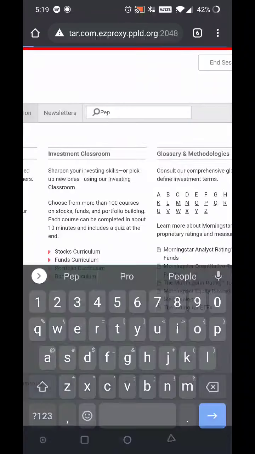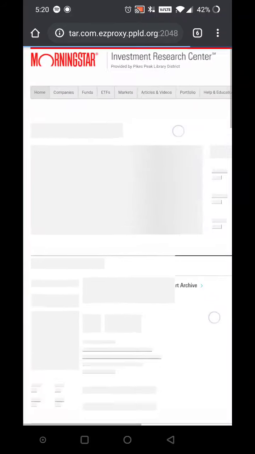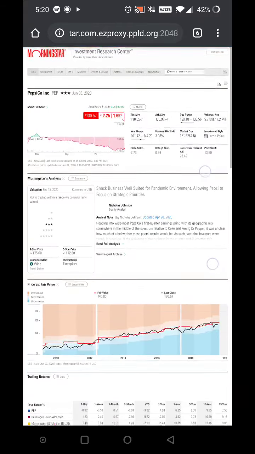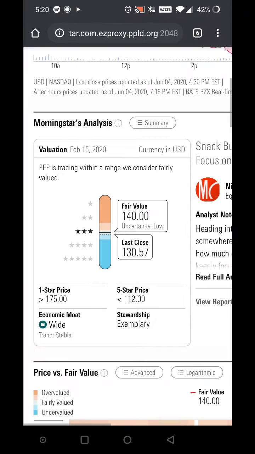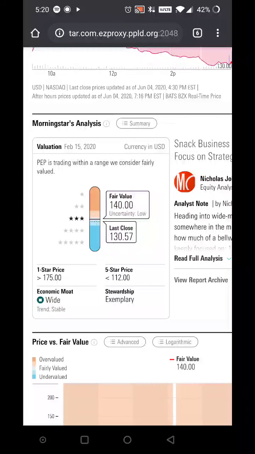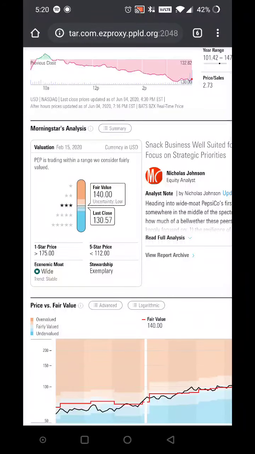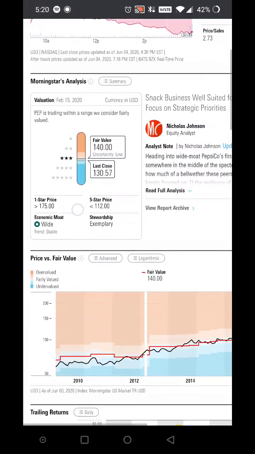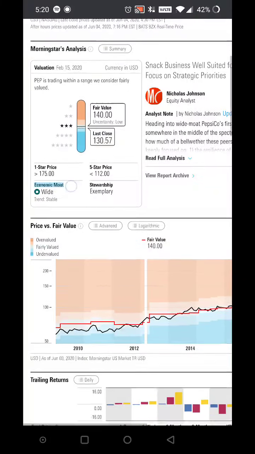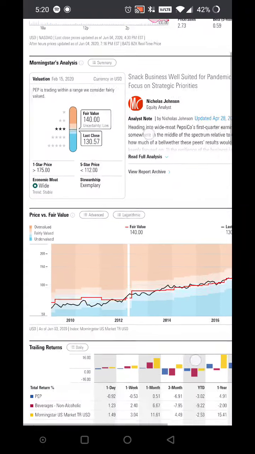We'll search for Pepsi. Okay, right here gives you what they think is fair value. They think right around 140. Right now it's 130. They give you price, 1-star price, 5-star price. They got a wide moat, which is great.